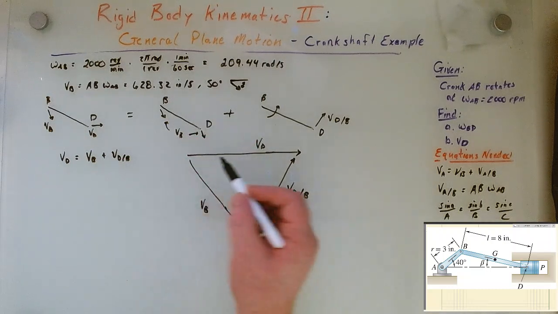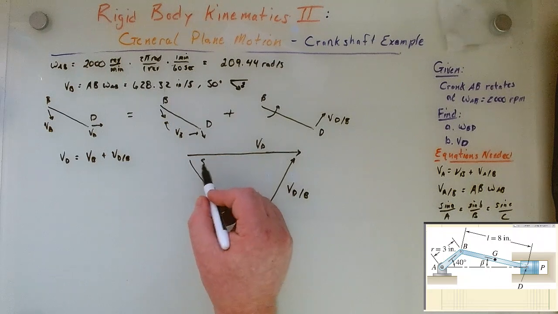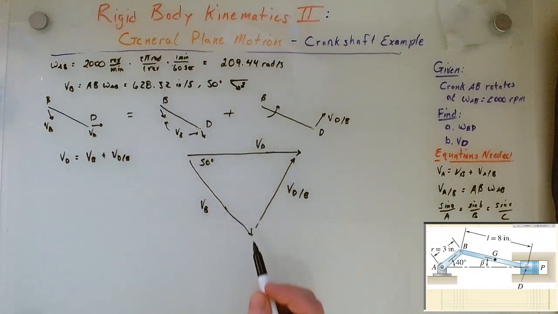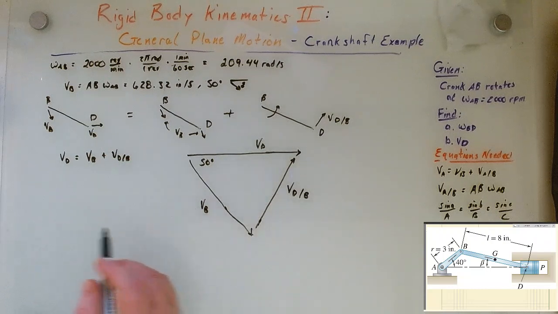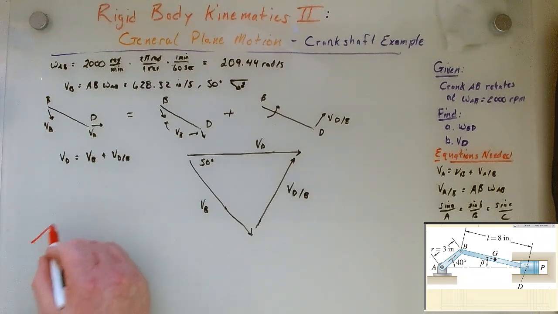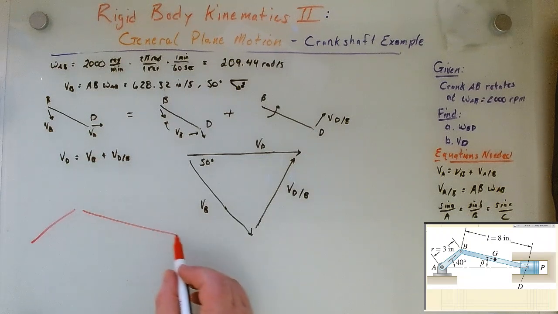Right, so in order to solve this, we need the angles, right? Note that in the triangle that we were given in the diagram, we have this relationship here.